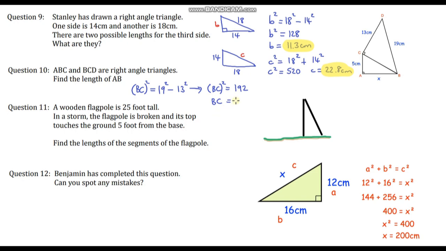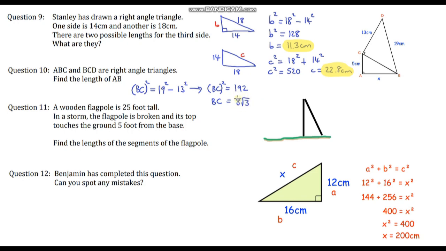You could write 13.86 if you wanted to round it to two decimal places, but because we're going to be using this value in the next calculation, I want it to be as accurate as possible, and to make it as accurate as possible, I'm going to leave it as a surd. So I'm going to leave it as 8 root 3. Hopefully you know what this means. Okay, this is the exact value.